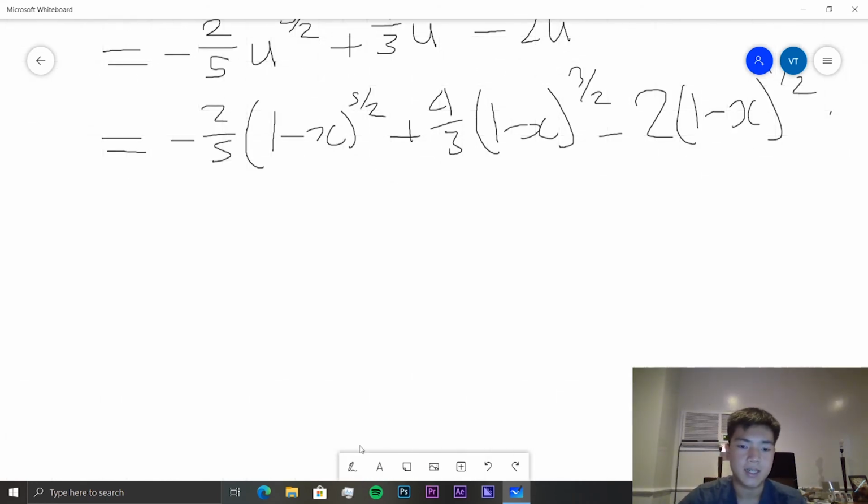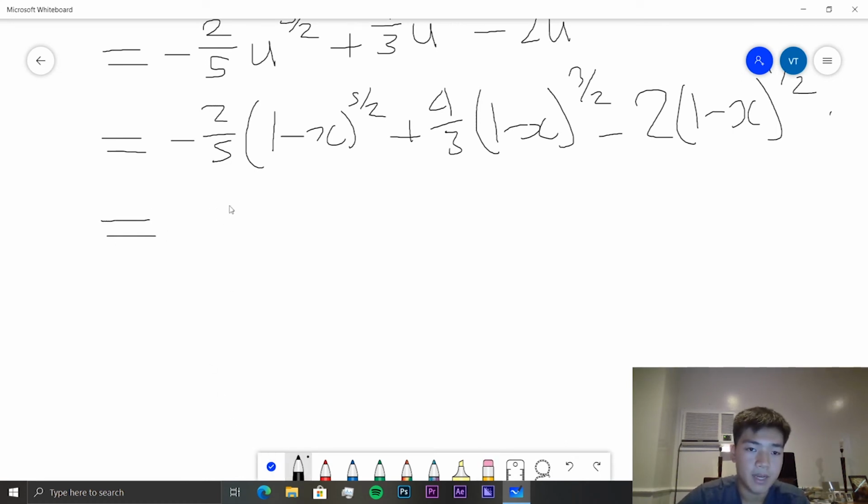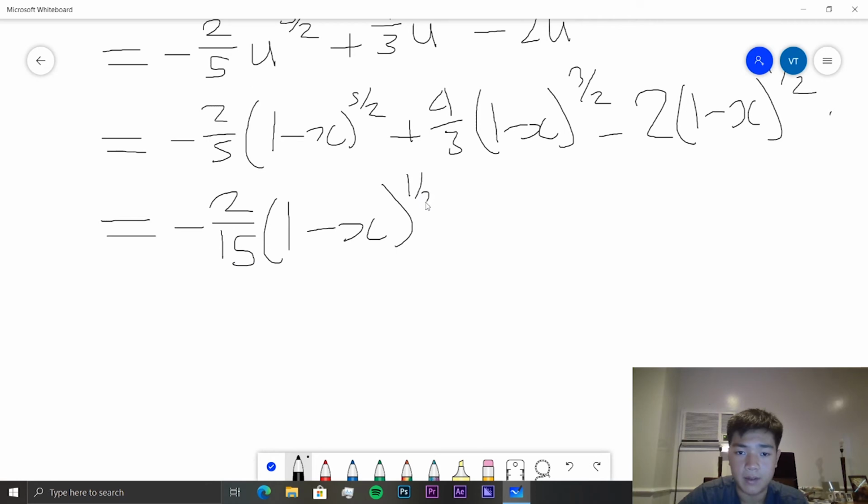Actually, let's just check, because the book writes it a bit differently. It writes it factorized, so that's okay. Let's multiply, so we get negative 2 over 15 times (1 minus x) to the 1/2.